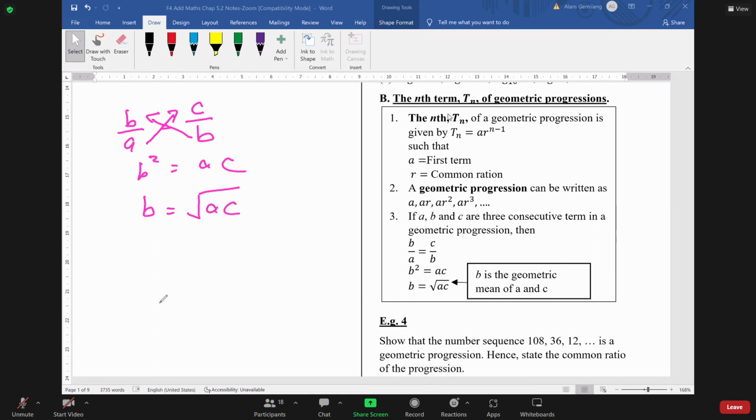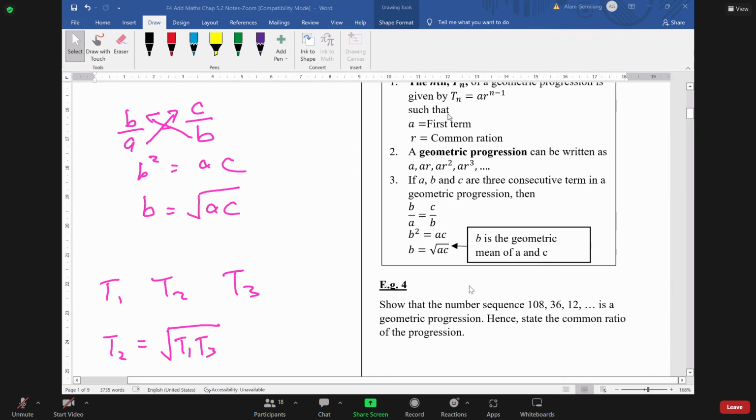So this is T1, this is T2, this is T3. T2 is equal to the square root of T1 times T3. B is the geometric mean of A and C.